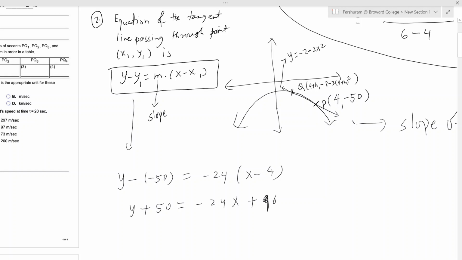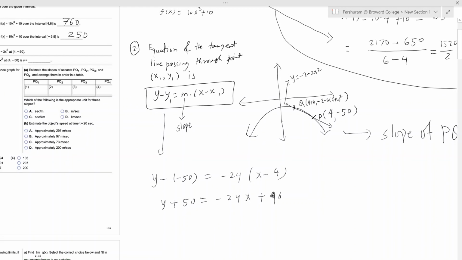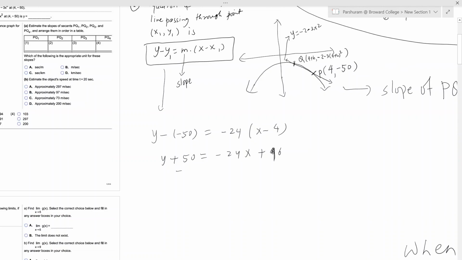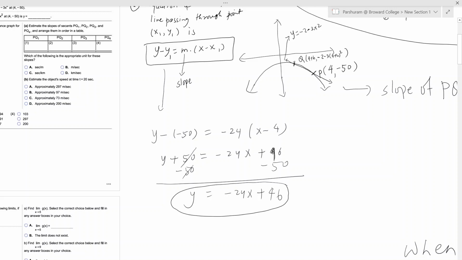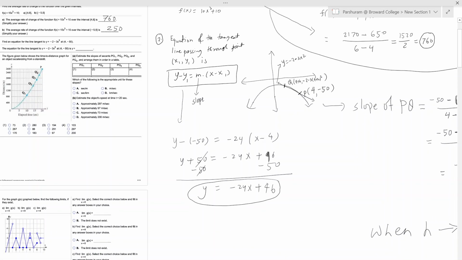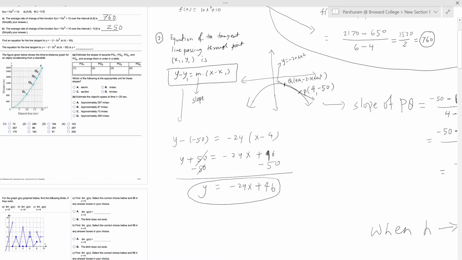If you want to simplify more, you can just subtract 50 from both sides, and it will be y equals negative 24x plus 96 minus 50 is 46. So this is the equation of the tangent line at point P. The equation of tangent line is negative 24x plus 46.